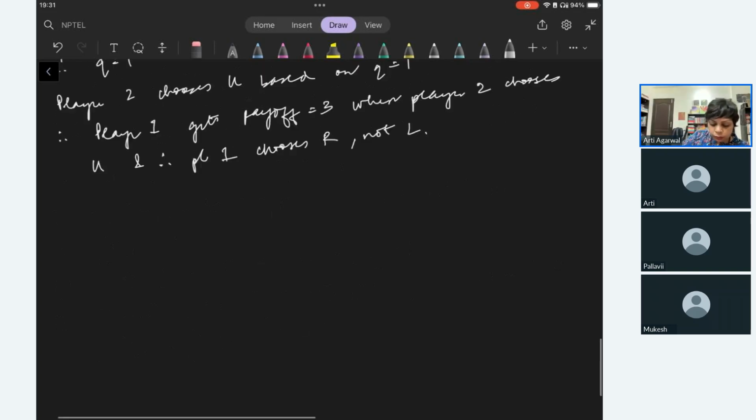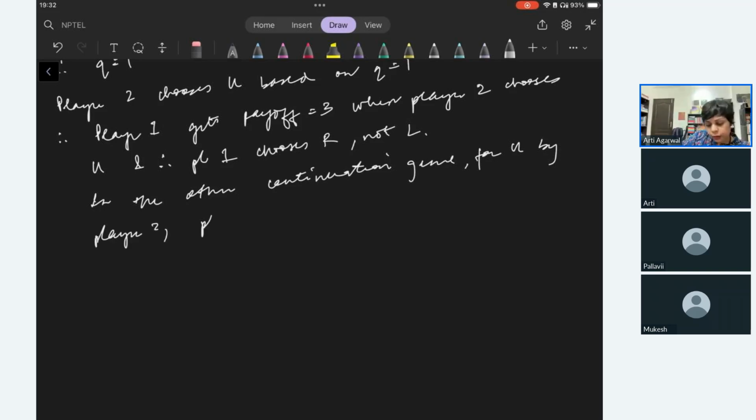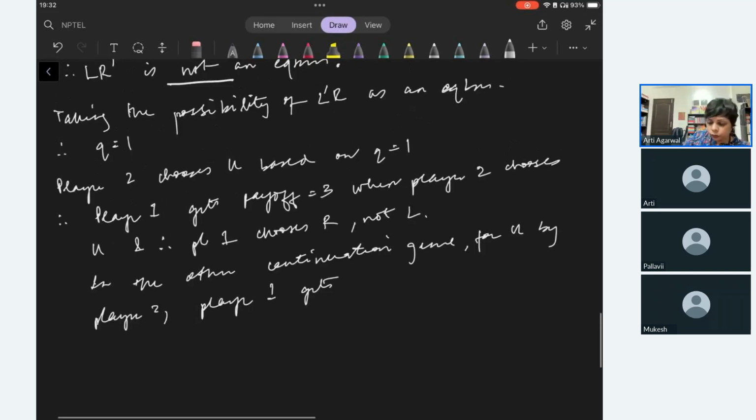In the second game, in the other continuation game, for strategy U by player 2, player 1 gets 1.